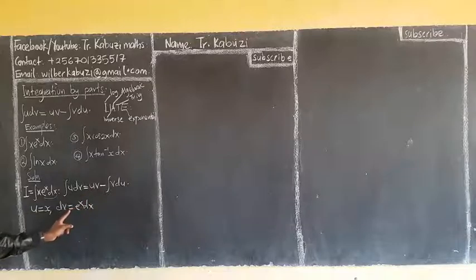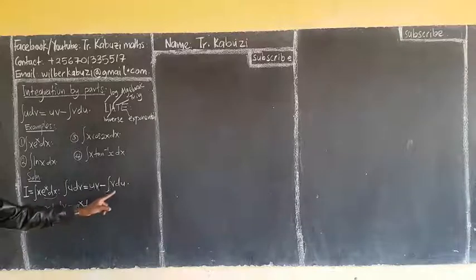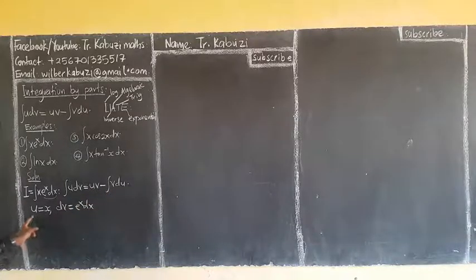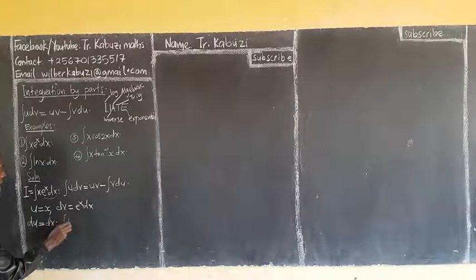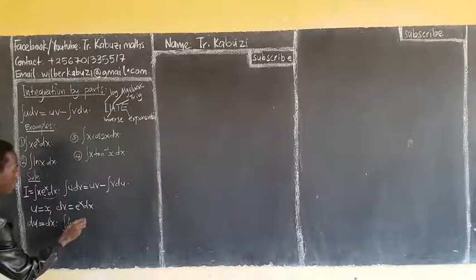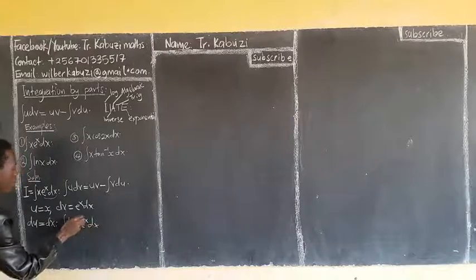I need the v, so I integrate dv to get v. I need du, so I differentiate u. When I differentiate x, I get dx. Then dv equals e to the x dx, and we integrate this.